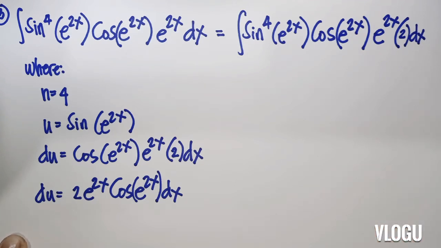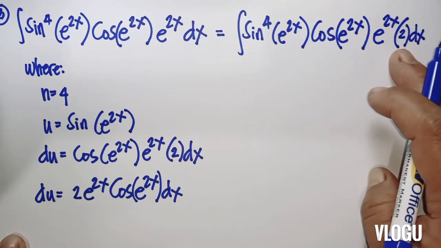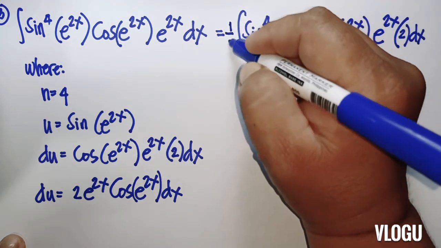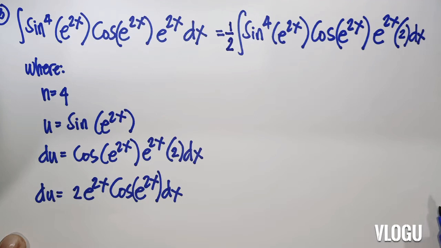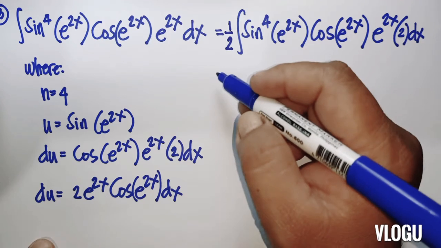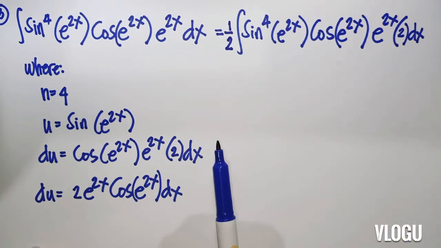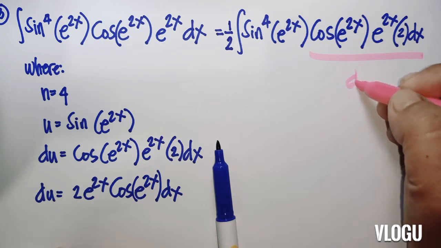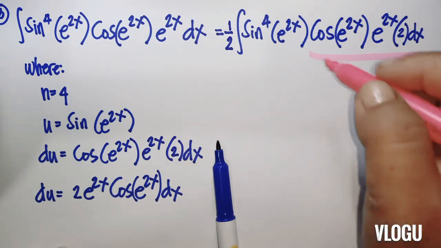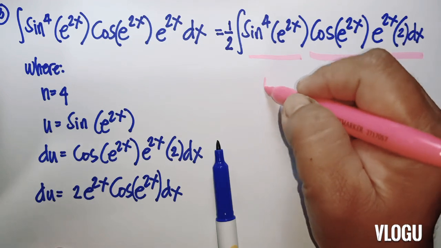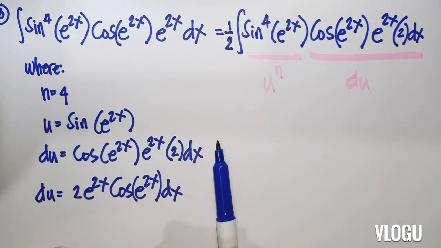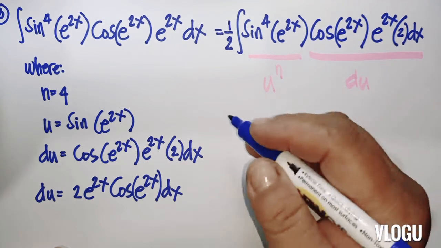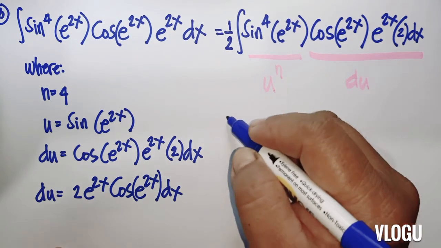If you look at that one, we have 2 here, so multiply by 1/2. From that, this is now our du, and this one is our u to the n. So that is now a complete form.